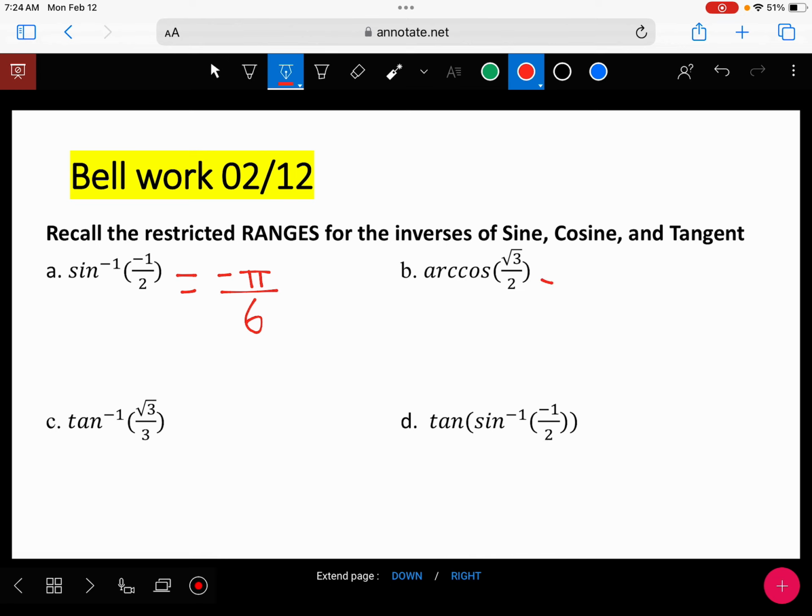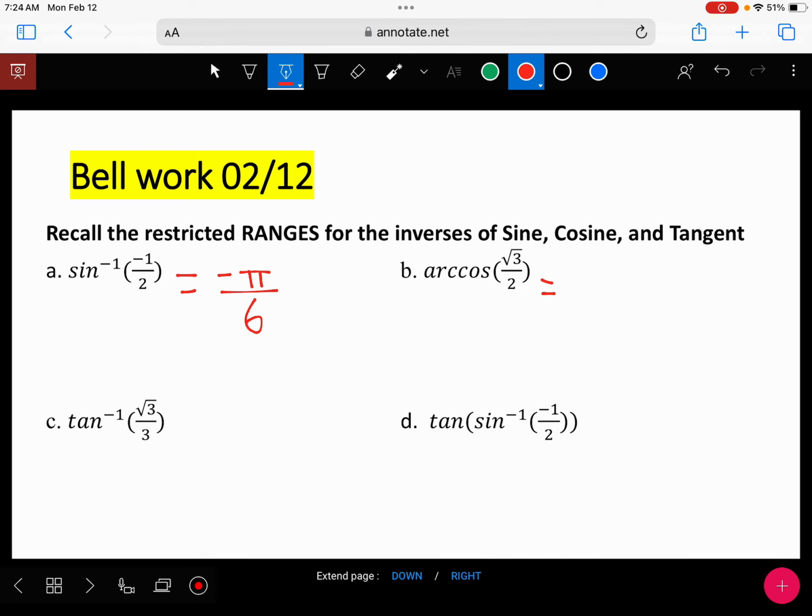Arc cosine of root 3 over 2. Is this going to be in quadrant 1 or quadrant 2? 1, yep. Cosine positive is quadrant 1. Cosine negative is quadrant 2. Do we have to mess with our radians at all if we're in quadrant 2?